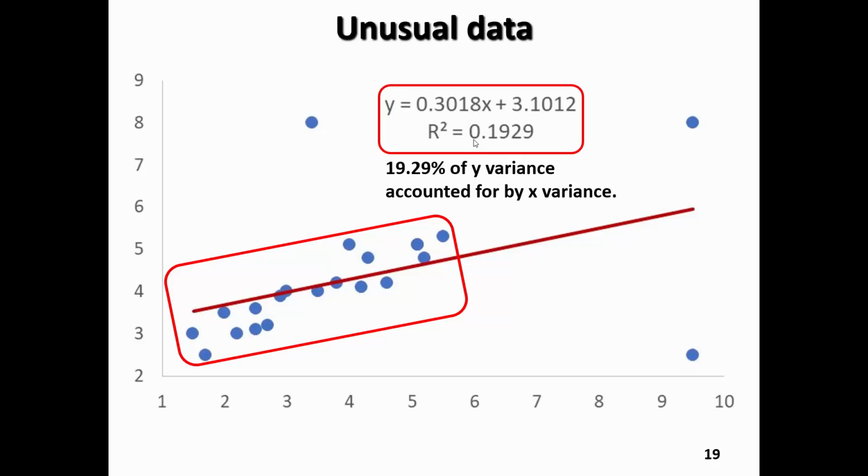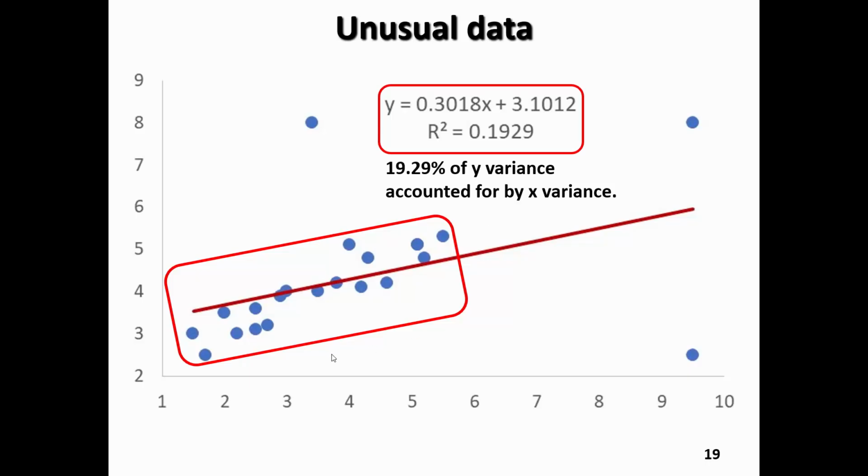To interpret our main statistic, the coefficient of determination, our R-squared value, as illustrated in a previous lecture, we multiply our R-squared by 100%, or simply move the decimal place over twice, and we would conclude that 19.2% of the variability along the y-axis is accounted for by the variability in the data along the x-axis. If you look at all the data points, they're not all at the same y, so they vary along the y-axis.